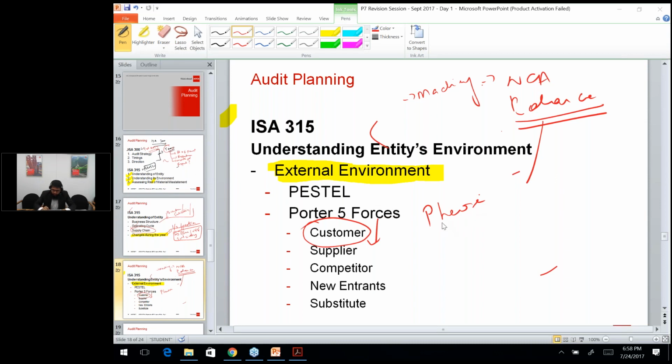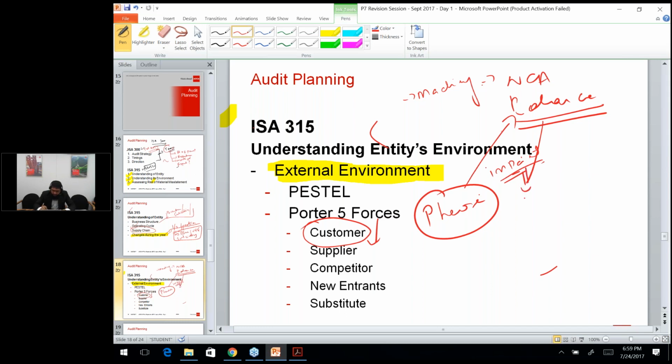So let's assume that the demand for the product has gone down, and you don't see that the demand is going to go up in the near future. That is an indication that the entity's non-current asset might have been impaired.